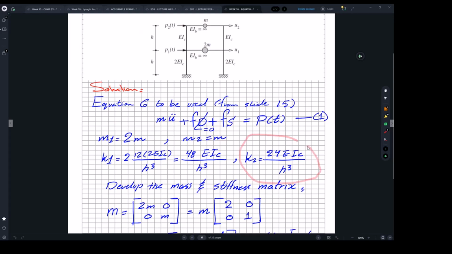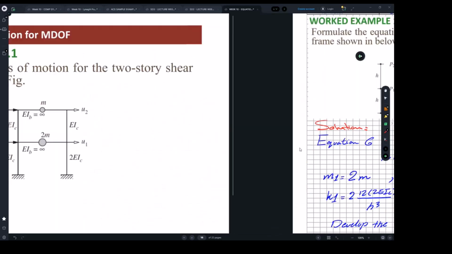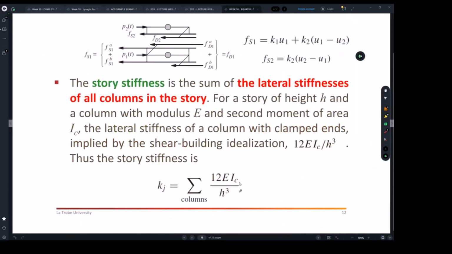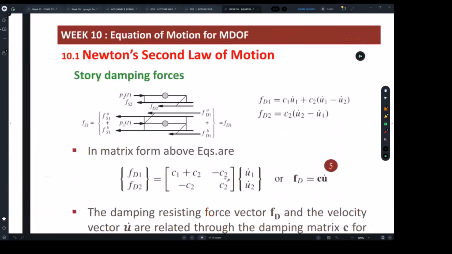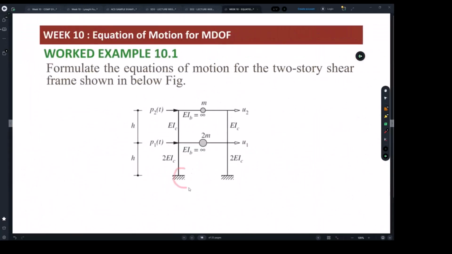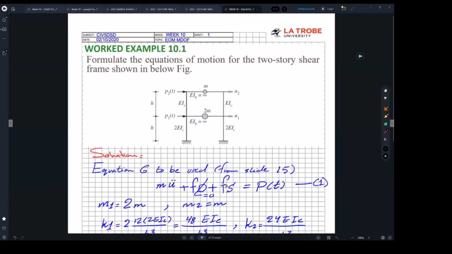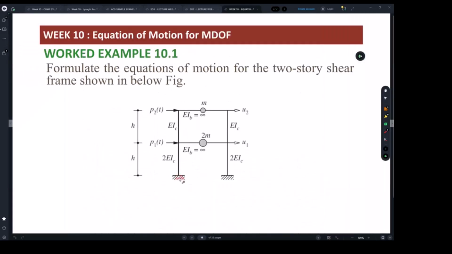That's the definition of stiffness for one of the columns, like what I've proved here. So the basic equation is this one, right? That's when the fixity is rigid. Now, if in the question you have a pin or something like that, we're going to give you the other formula.